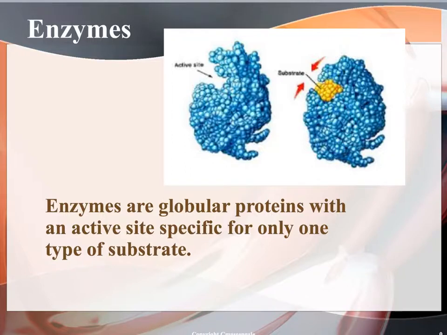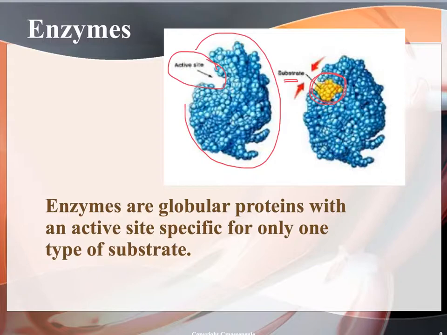Enzymes are big blobby proteins again. They have a particular place on their protein known as the active site that has a particular shape that matches whatever chemical reaction this enzyme is going to be speeding up. The chemicals that are involved in that are known as the substrate, and the substrate fits perfectly into the active site.